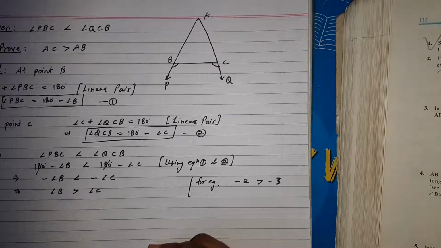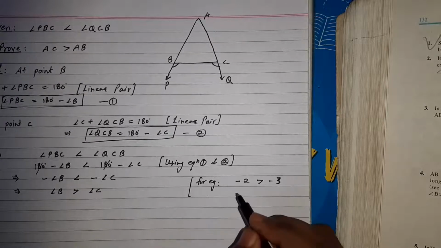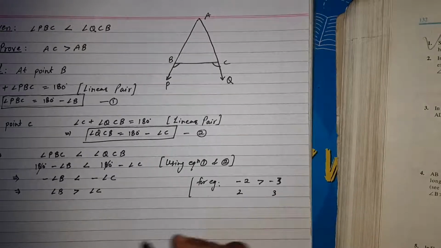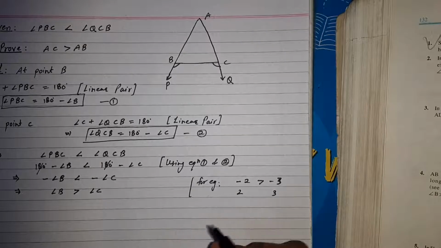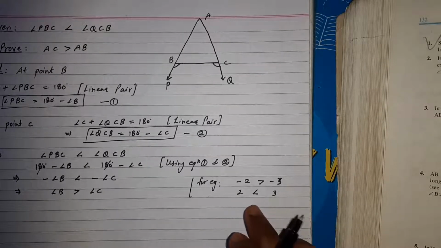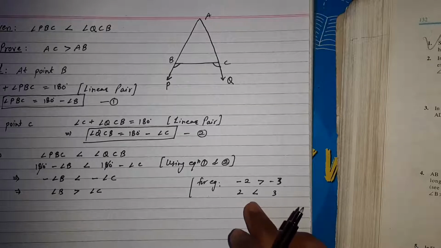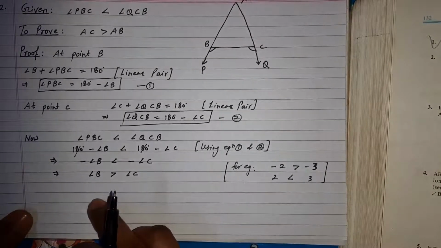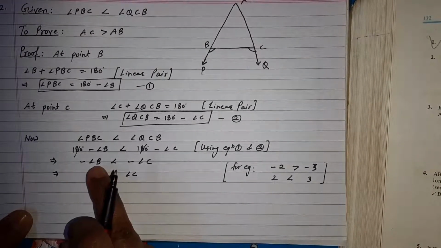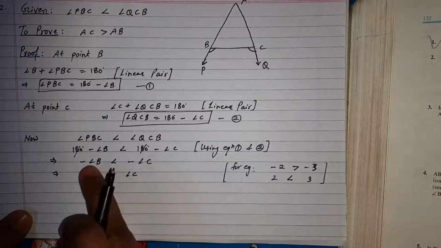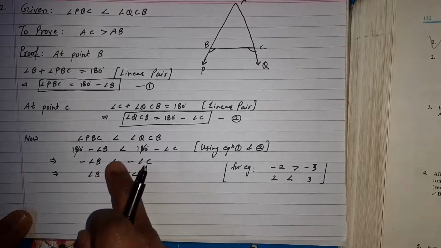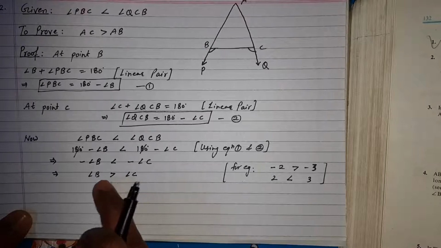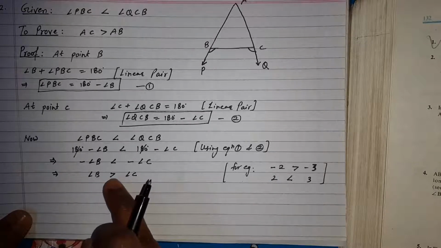When we multiply by minus 1 on both sides, it becomes 2 and 3. Now which value is greater, 2 or 3? So the sign will be less than, it means 2 is less than 3. So that's why we have changed the sign. So here we have multiplied by -1 on both sides, so these two terms become positive and the sign of the inequality changes to greater than. So angle B is greater than angle C.